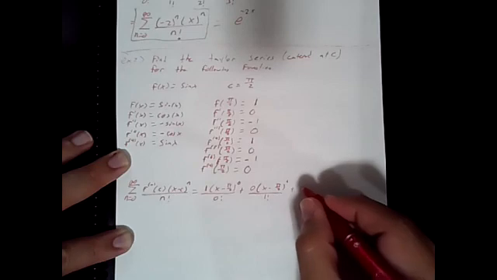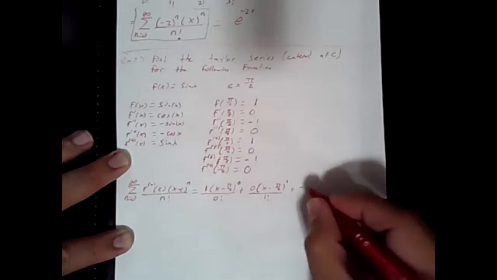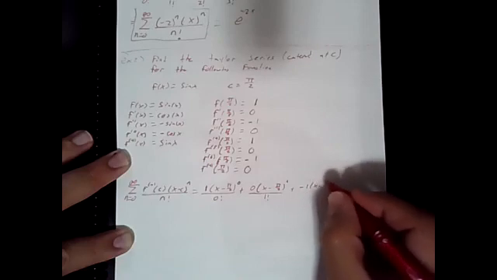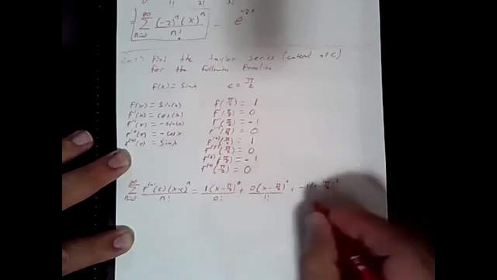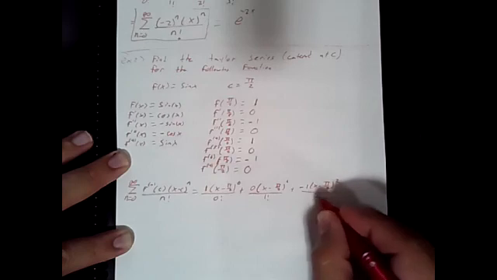Plus a negative 1 times x minus pi over 2 to the second over 2 factorial.